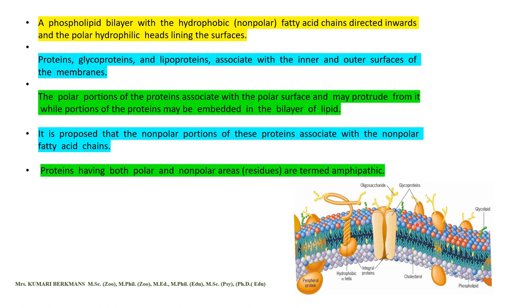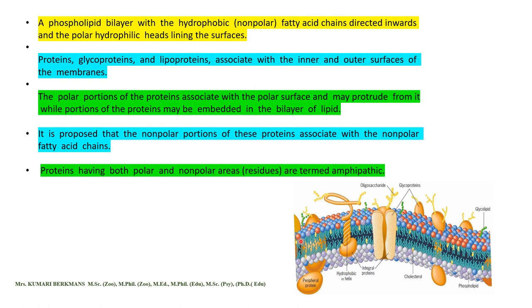On the outer side of the membrane, this part is hydrophobic and this part is hydrophilic. This area is called non-polar fatty acid chains, which is directed inward, and the polar hydrophilic heads line the surface. This is hydrophilic and this is hydrophobic, right?